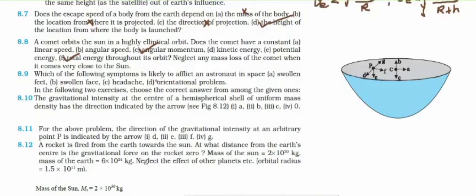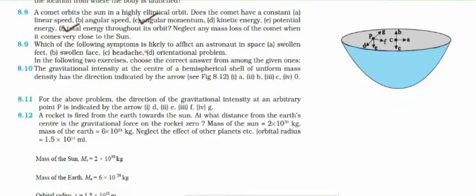Then question 9. Which of the following symptoms is likely to afflict the astronaut in space? Swollen feet, swollen face, headache, and orientational problem. You know that in space there is no gravitational force. As there is no gravitational pull downward, the blood has a tendency to reach our brain.